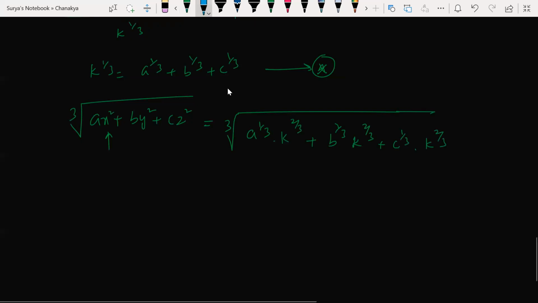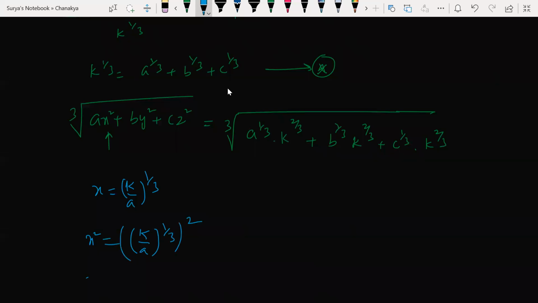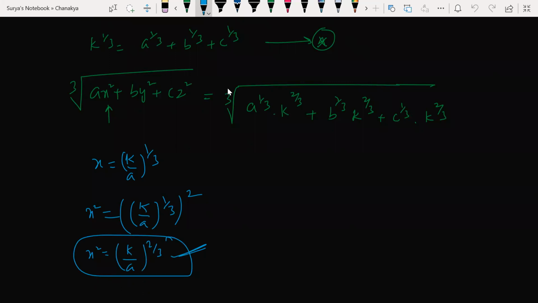But here the x value is k by a to the power of 1 by 3. Now x square is going to be what? K by a to the power of 1 by 3 whole square. So it becomes x square is equal to k by a whole to the power of 2 by 3. This is my x square, right? So that is what I wrote here. Look at this. Clear?